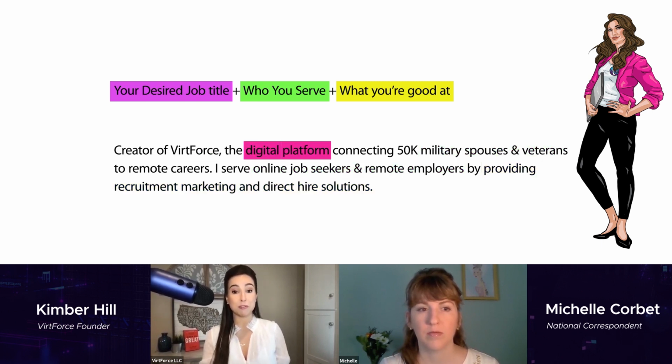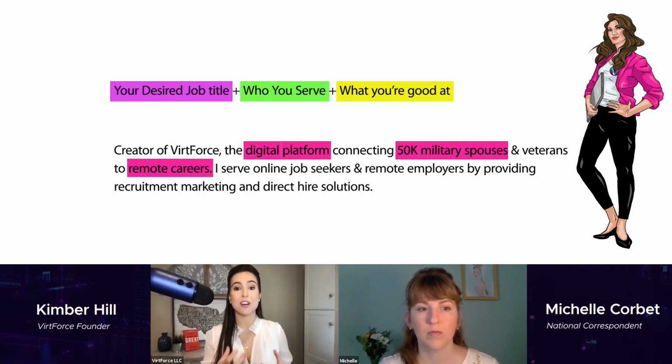Digital, platform, 50,000, military, spouses, remote, careers, online. Even though these are also playing into my demographics and my goals, they're also representing keywords that if an employer, a recruiter, or a business owner were looking for these keywords in LinkedIn, they would very easily find my profile.